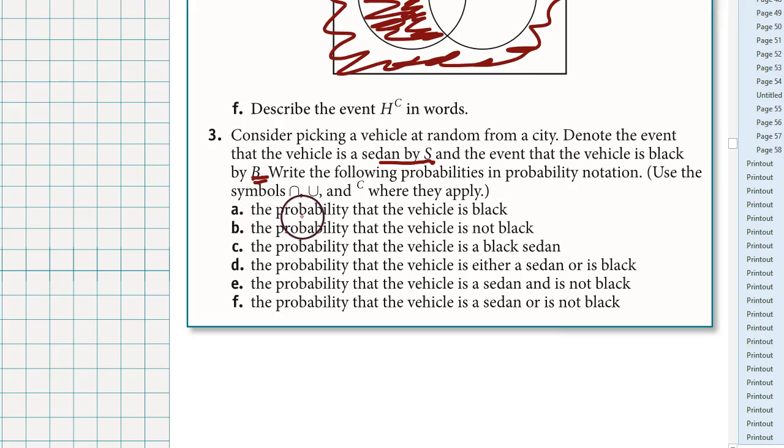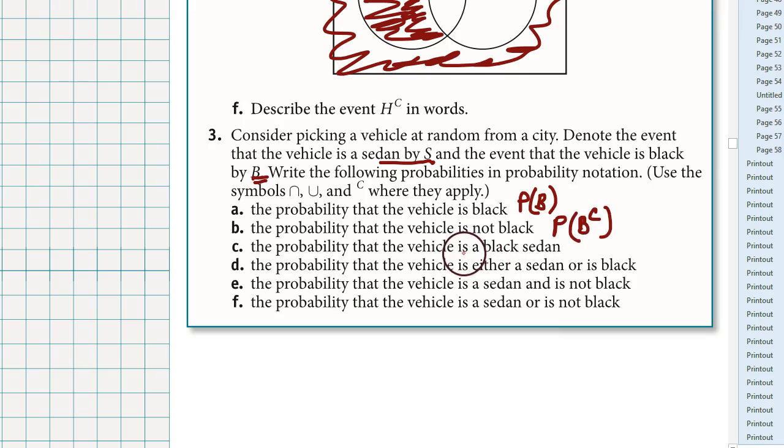So question A, the probability the vehicle is black. You would show that as P for probability, and in the parentheses, simply writing a B for black. Now show the probability the vehicle is not black. You would say P, and then say B with that C in the corner, which means the complement of being black.